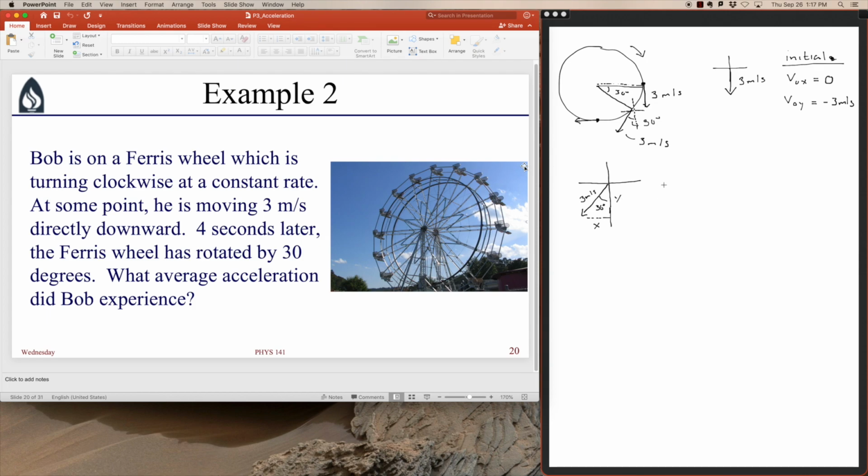So if I think about the sine of that 30-degree angle, then the sine of this 30-degree angle would be the opposite side, which is the x component, over the hypotenuse, which is 3 meters per second. So the x component would be equal to 3 meters per second times the sine of 30.